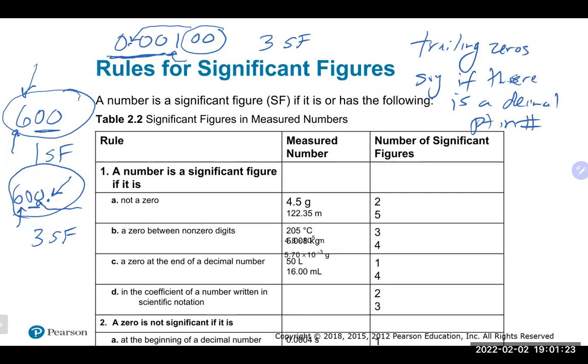For the trap zero, would it matter if there was a decimal in it? So like if it was 4.004? How many significant figures would that have? It would still be 4. It doesn't matter. This decimal would only matter if there was a 0 after that last 4.